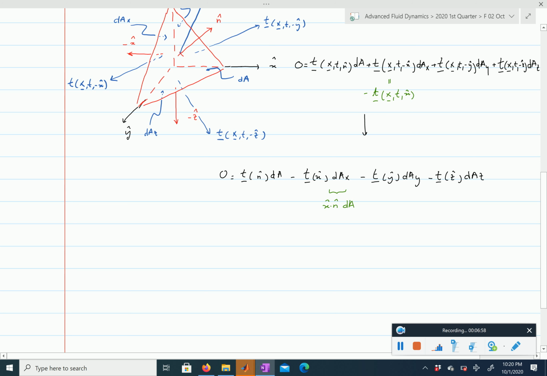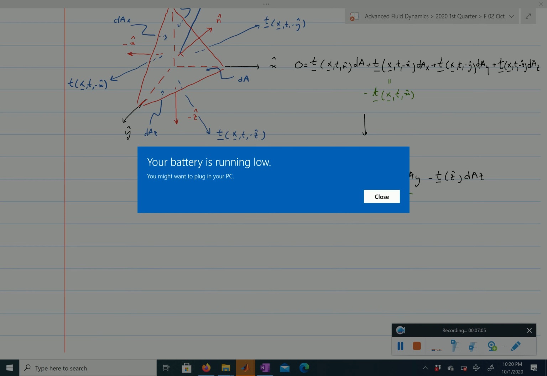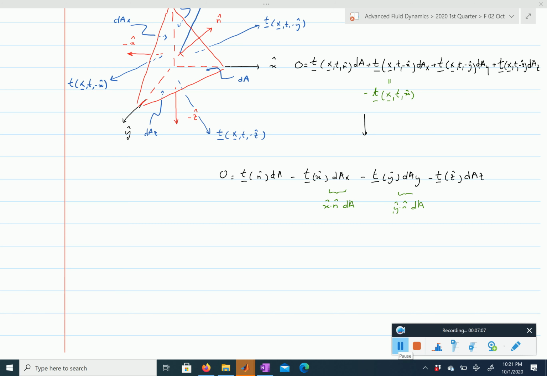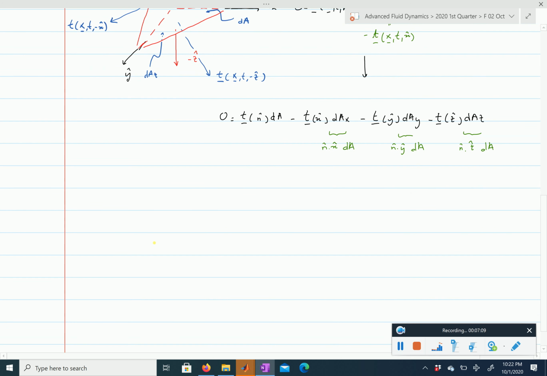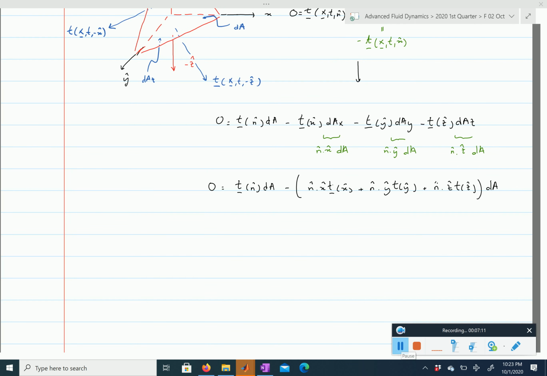You can verify it if you want. You'll see that this is the case, and same for dAy and dAz. So again, I can rewrite this. The first term remains unchanged, minus here I can rewrite this as n dot x times the stress vector on a surface of normal x, and same for y and z.